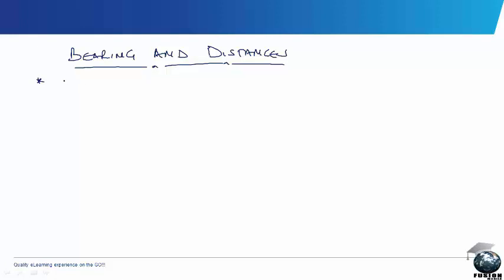One, we'll be considering degrees of angles. These are things you should know. Degrees of angle are measured counting from the north.